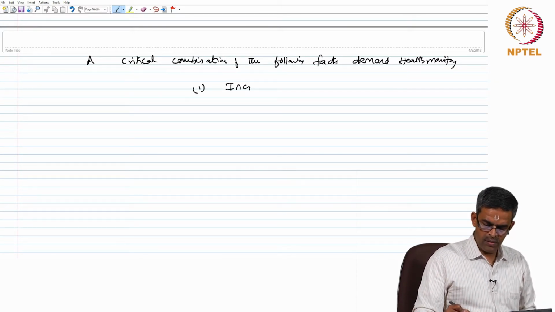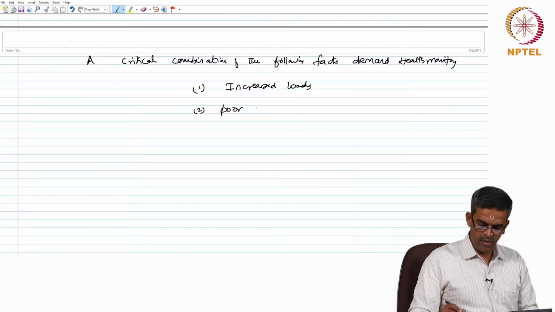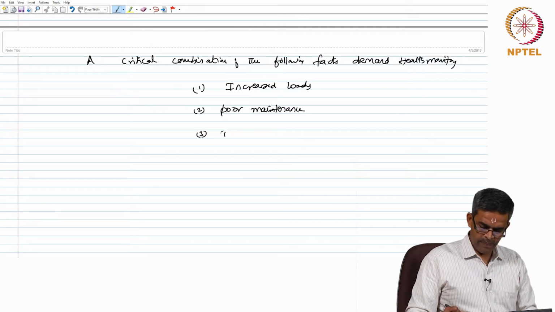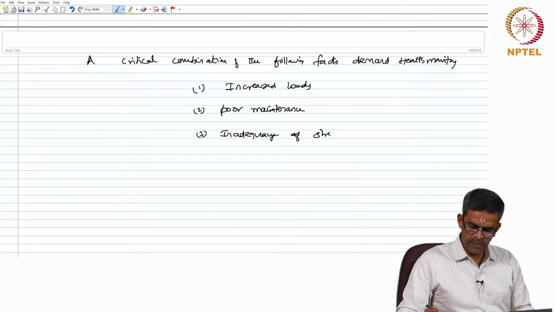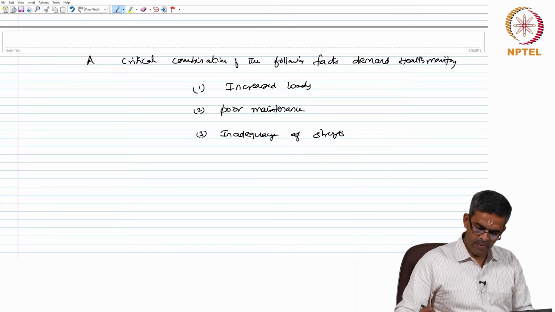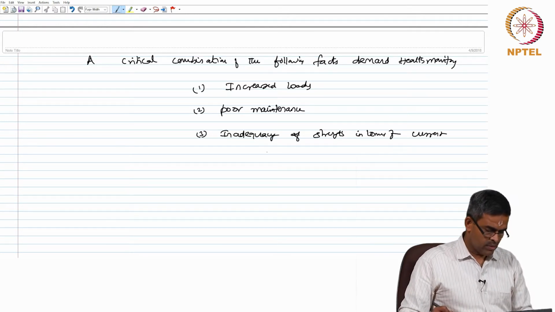Increased loads. 2. Poor maintenance. And 3. Inadequacy of strength in terms of current code compliance.